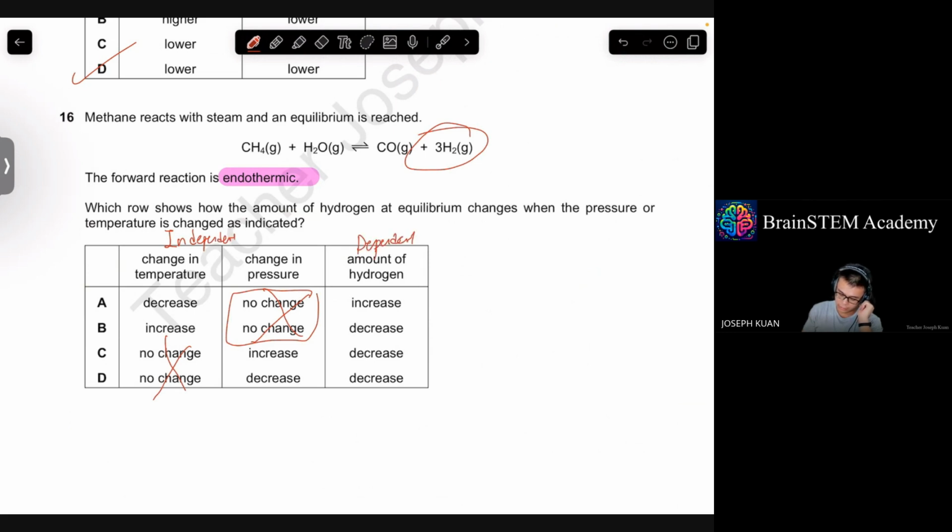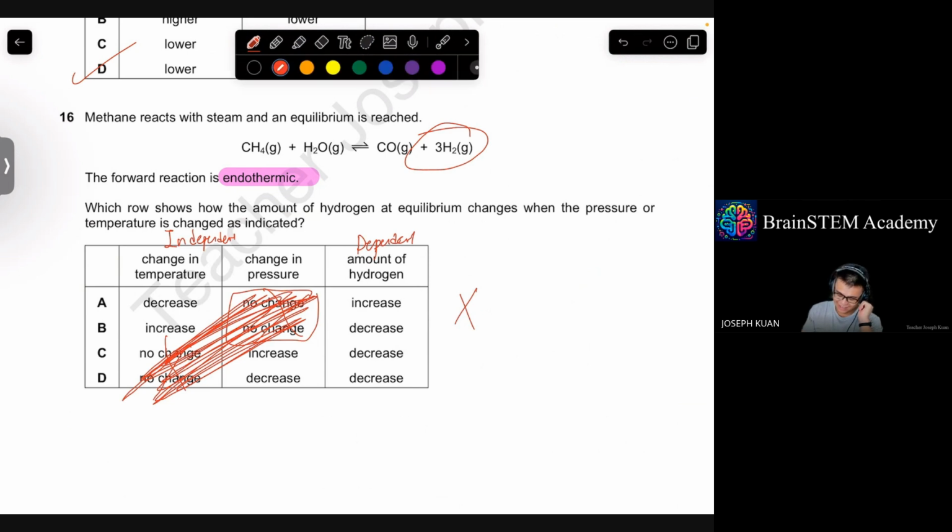All right, don't look at these two. You can pretty much forget about it. So focus on what happens to the amount of hydrogen when I decrease my temperature. Even by guessing, A and B should be wrong. You see, if this one decreases, this one increases. If this one increases, this one decreases.